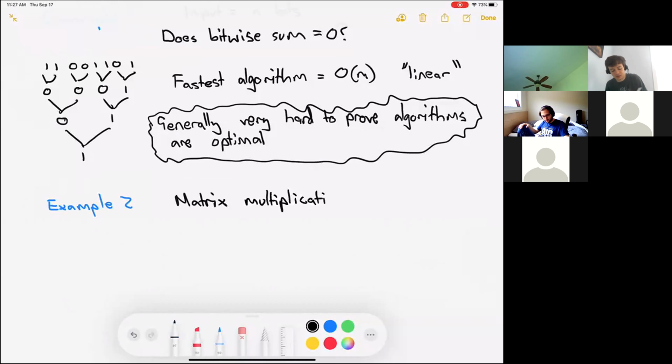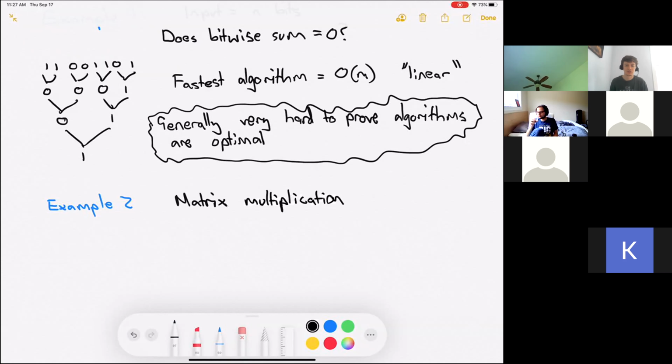So can anyone tell me whether multiplying two matrices together is a decision problem or not? No, it's not. Great. Why is it not? Because the output will be a matrix which has multiple entries. Exactly. They're real numbers or some numbers, or maybe we'll make the entries be integers. But it's still the case that your output is just a new matrix.